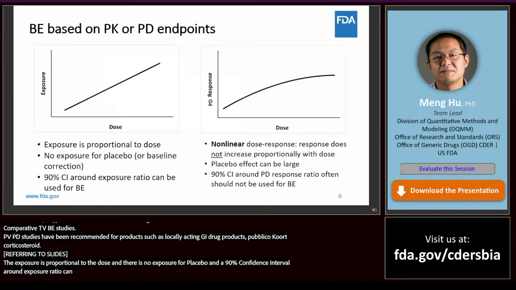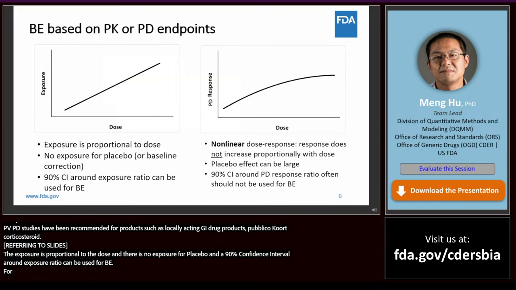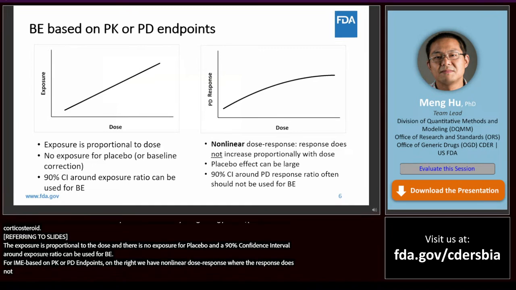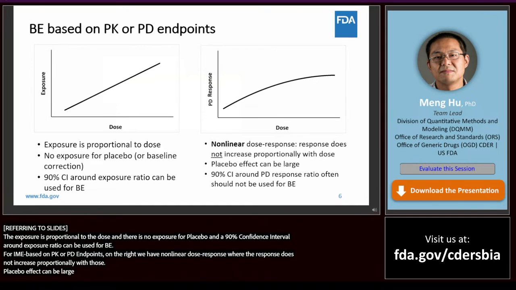For BE based on PD endpoint, as shown in the right panel, it shows nonlinear dose response. That is, response does not increase proportionally with the dose. In addition, placebo effects can be large, and the 90% confidence interval around the PD response ratio often should not be used for BE.